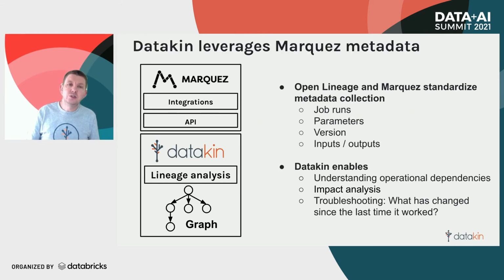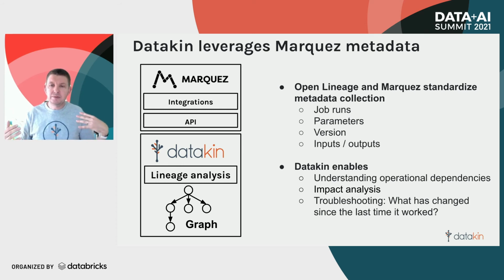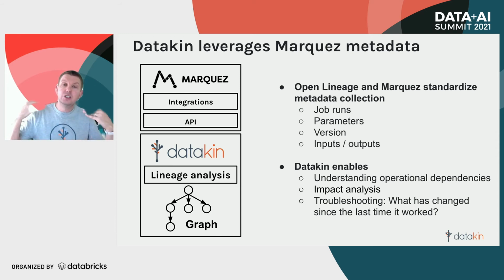To give an example of what Marquez is doing, and to situate Datakin, which is my company, on top of this: OpenLineage and Marquez standardize metadata collection, the job runs, what parameters were passed, what the versions were, what the inputs and outputs were, and really all that metadata that's collected.